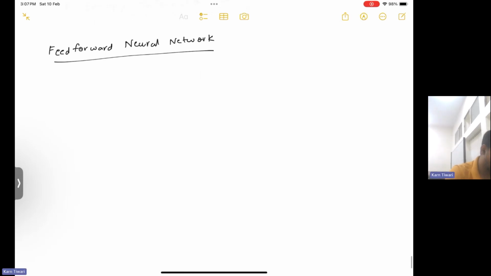As we know, our input belongs to a certain dimension. So a dataset is of this type. We are given an input and the corresponding output, and it's a tuple. With each input, we are given an output.